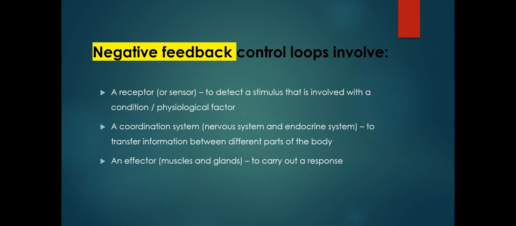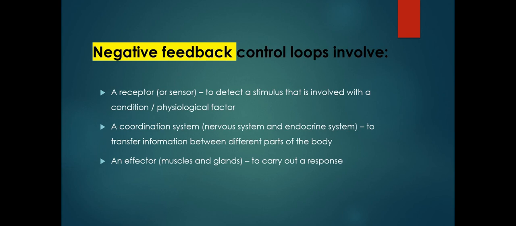We mentioned these two systems before, the nervous system and the endocrine system. In between, these messages, these stimuli that are detected, have to be transferred to reach the final effector. So that's why we need the coordination system. And an effector, of course, like muscles, which is what's going to respond back to it.